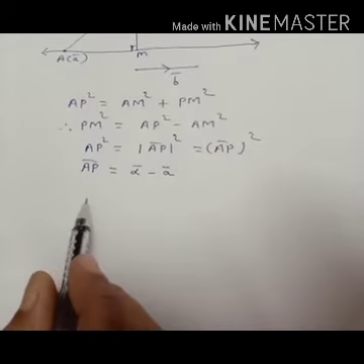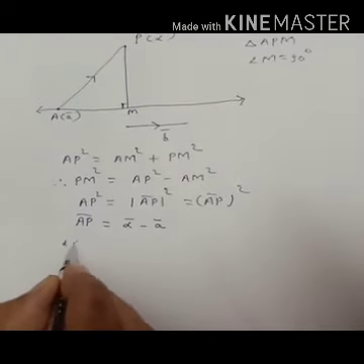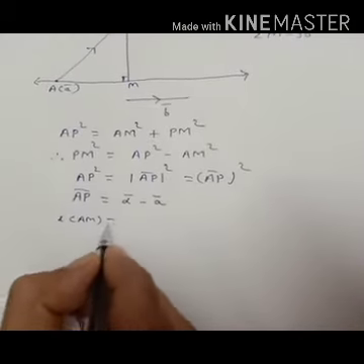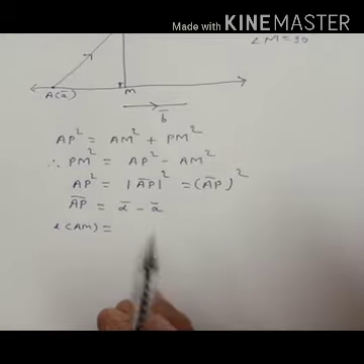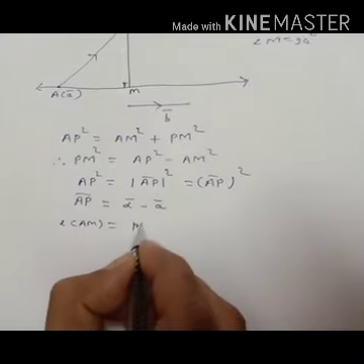Now we have to find the length AM. Length AM is the projection of AP bar on AM bar.